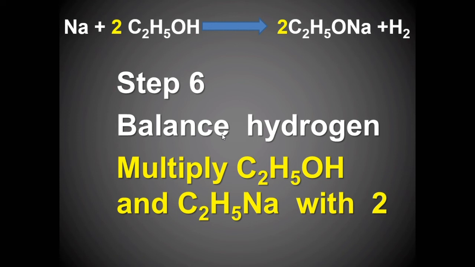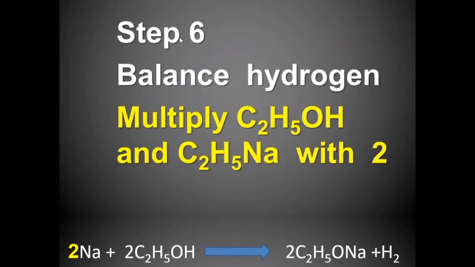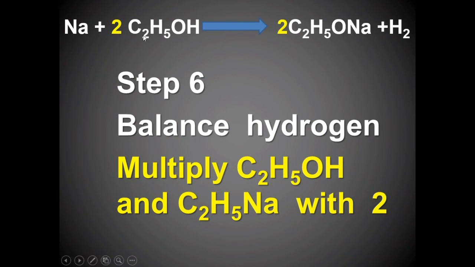Here hydrogen is unbalanced. On the product side it is 10 plus 2, which is 12, and on the reactant side it is 10. So multiplying by 2 we balance hydrogen.